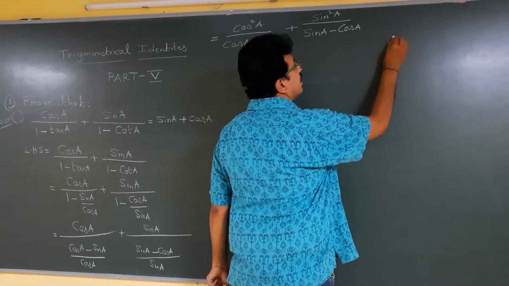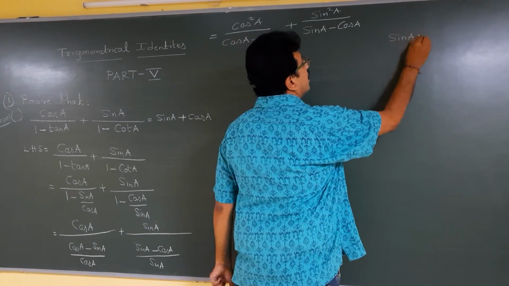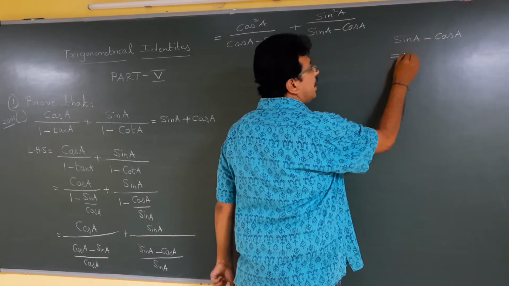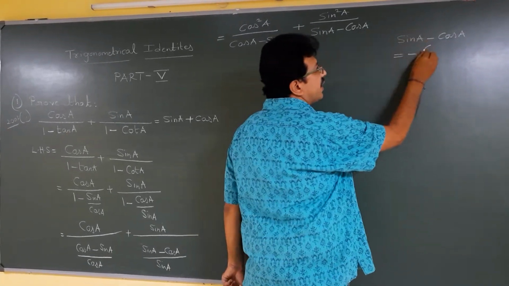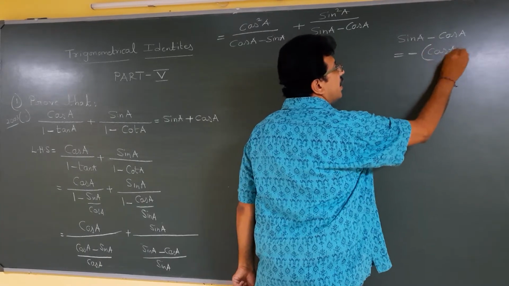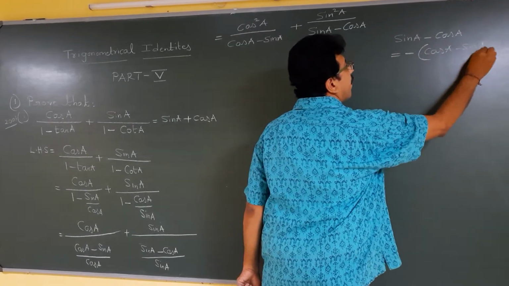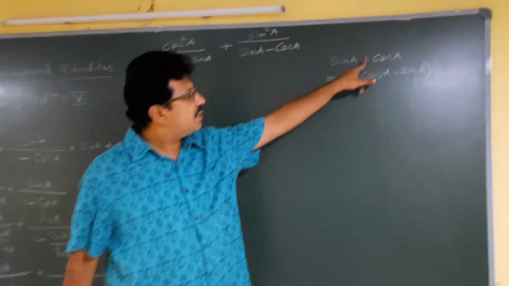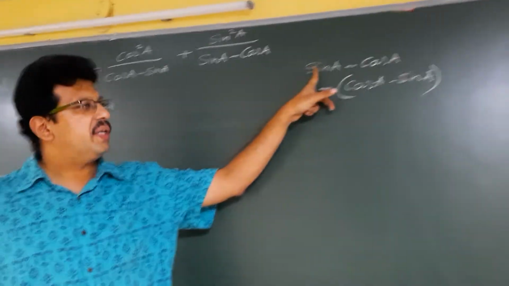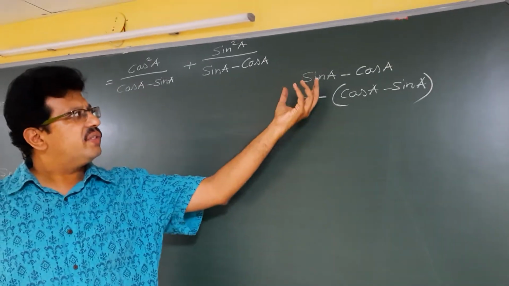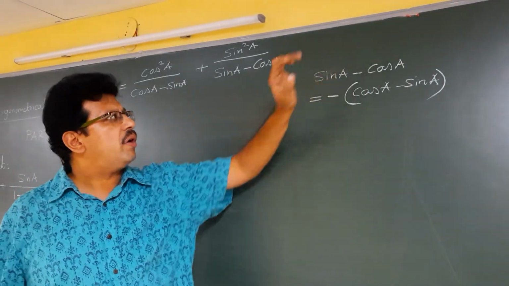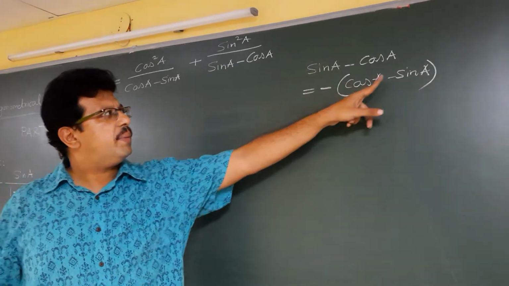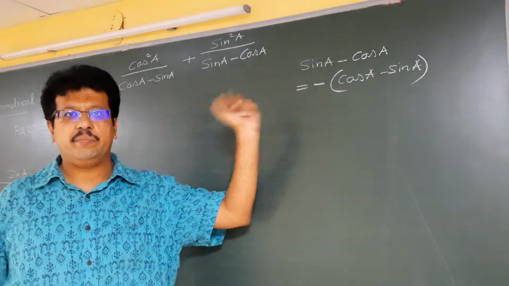Sin A minus cos A can also be written, by taking the minus sign common, as minus of cos A minus sin A. Minus into plus is minus, minus into minus is plus. So sin A minus cos A is the same thing as this minus coming outside, and it will be cos A minus sin A.